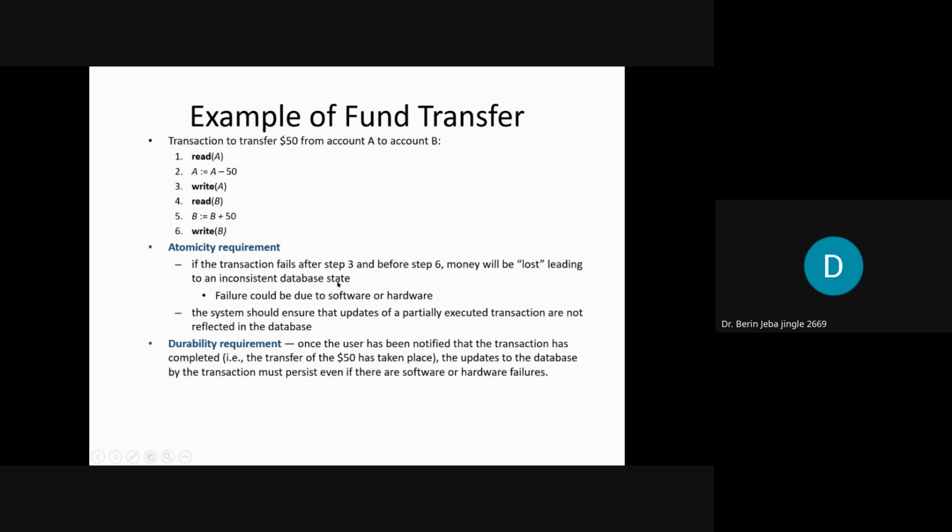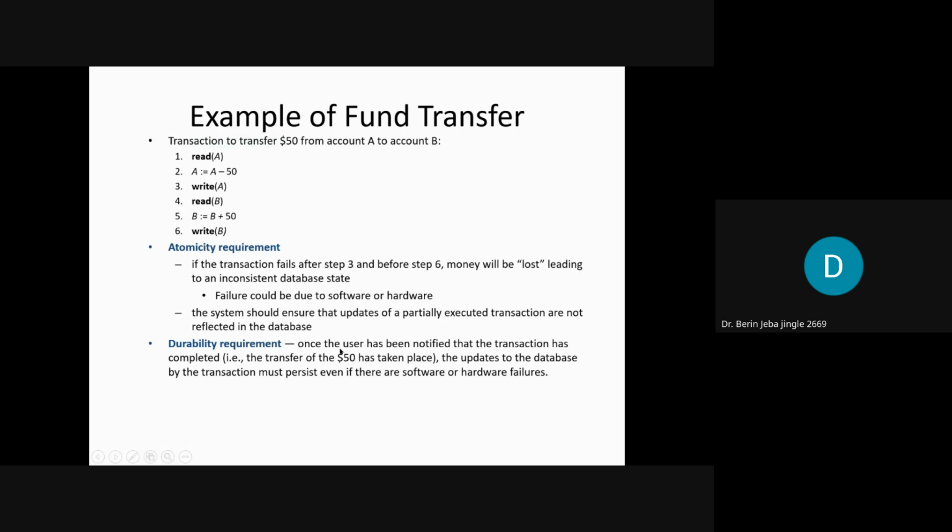Failures can happen due to software or hardware failure. The system should ensure that updates of a partially executed transaction are not reflected in the database. Whatever transaction is happening, it must be reflected in the database. That is atomicity.